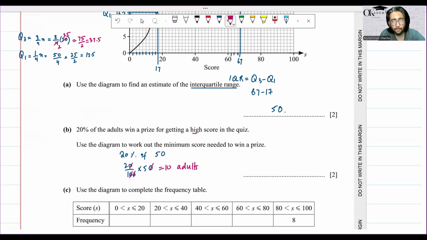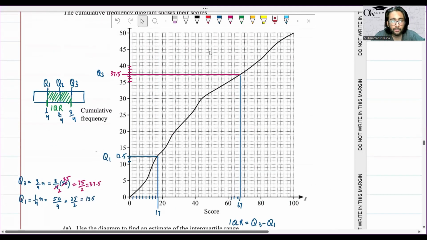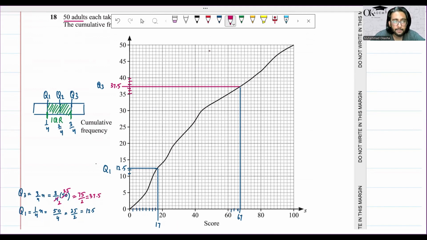Now if you're talking about the high score, we're talking about the last 10 adults, because those are the adults who won the prize for the high score. So the last 20% of adults, in other words, the last 10 adults, won the prize. Okay, so from 40 to 50, these are the guys who won the prize.